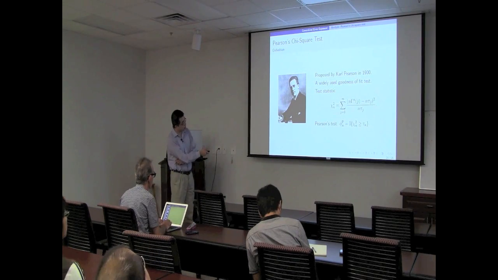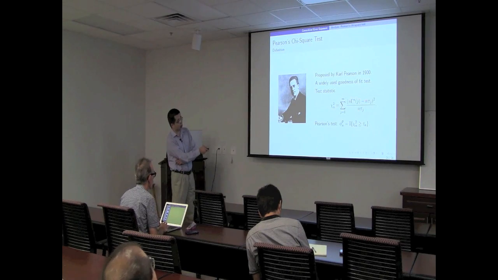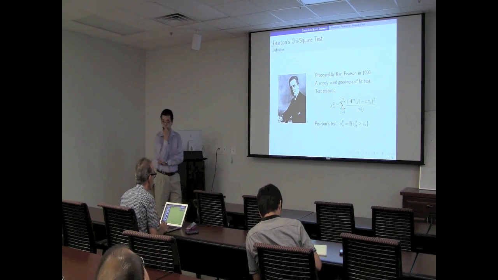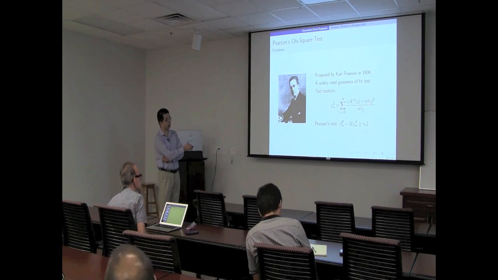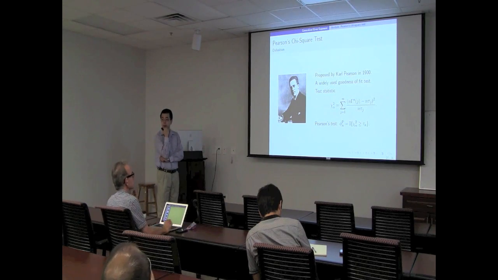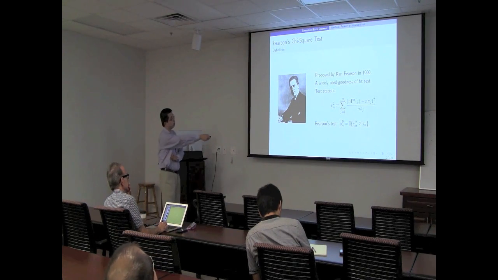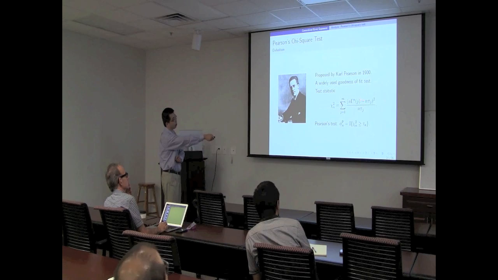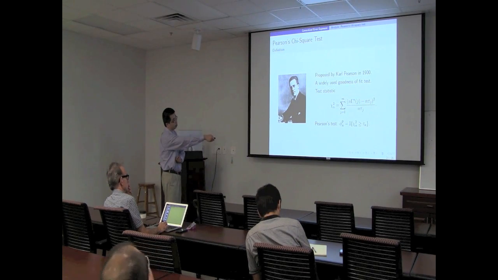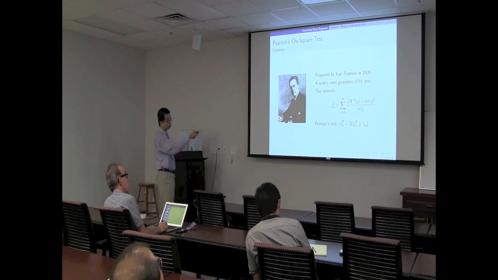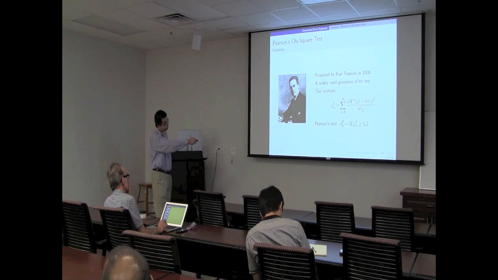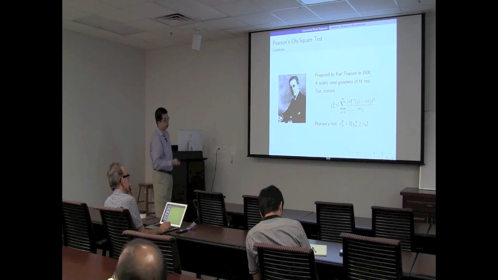So you basically look at a weighted L2 norm between the empirical distribution and the null distribution. So this is the number of times the j-th symbol appears, and this is the null distribution, and you weight by the pi j again. And you look at the L2 weighted norm of that. And if you compare that test statistic to a threshold, that gives you the Pearson test.